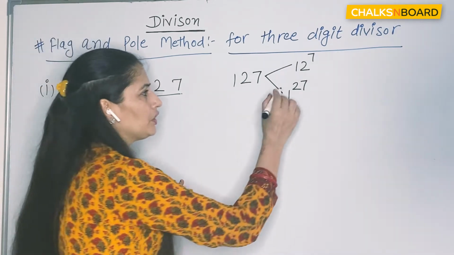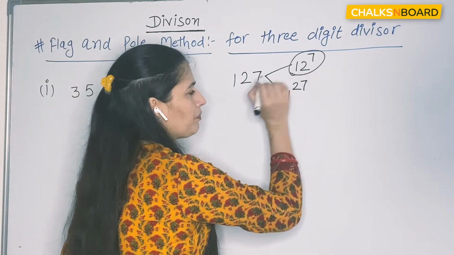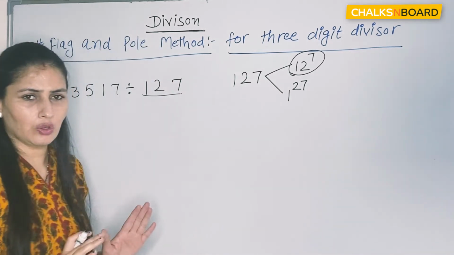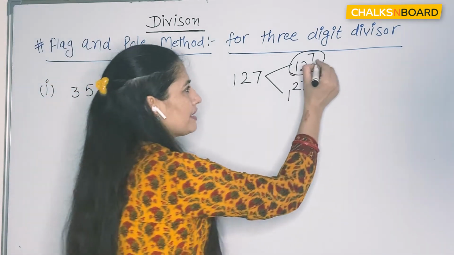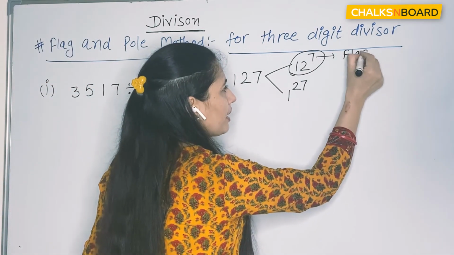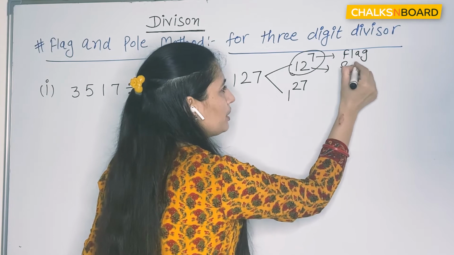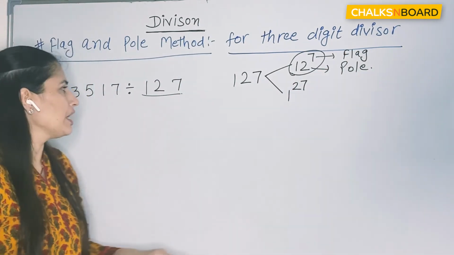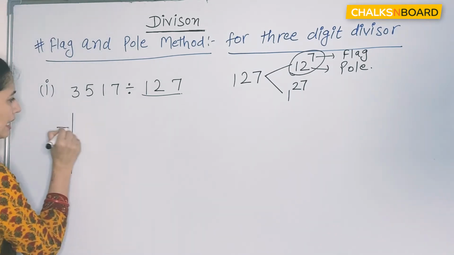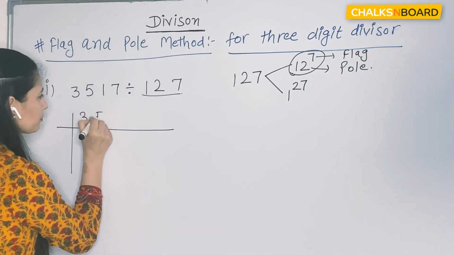So you can see 12 raised to power 7 is much easier calculation than the 1 raised to power 27. So let's see, this is flag and this is whole. तो यहाँ पर हम जो divisor ले रहे हैं वो whole, that is 12. So first write the number as it is, same way.